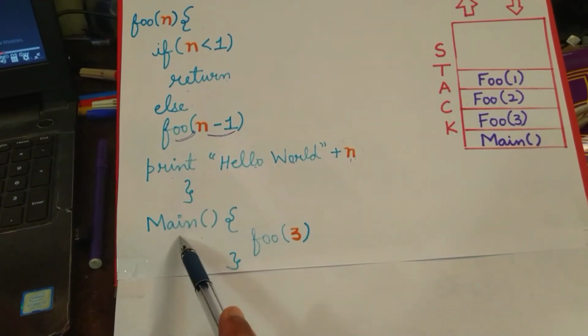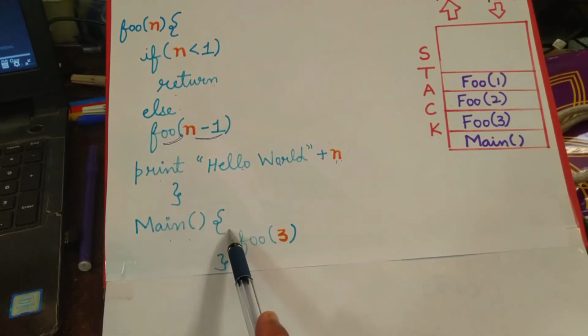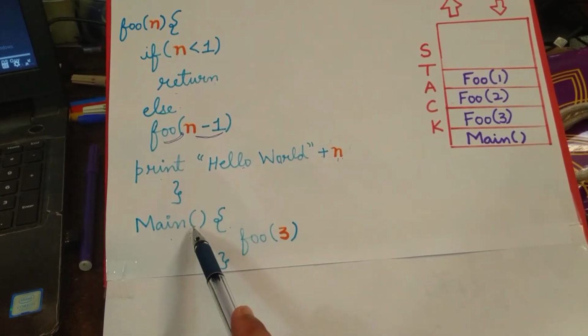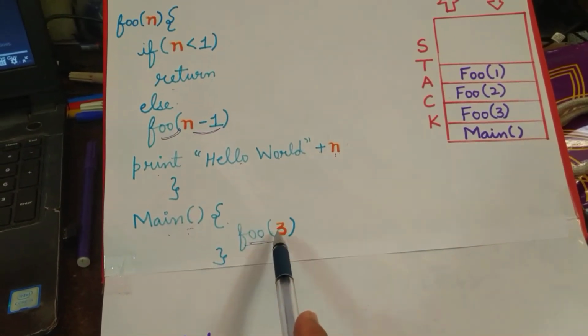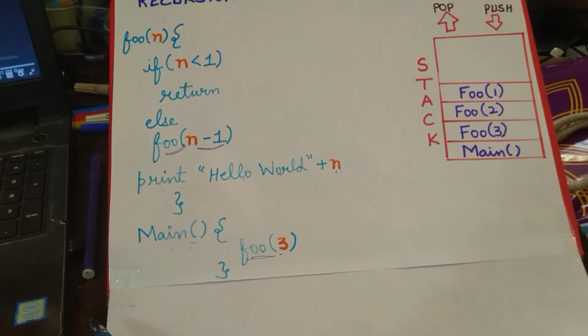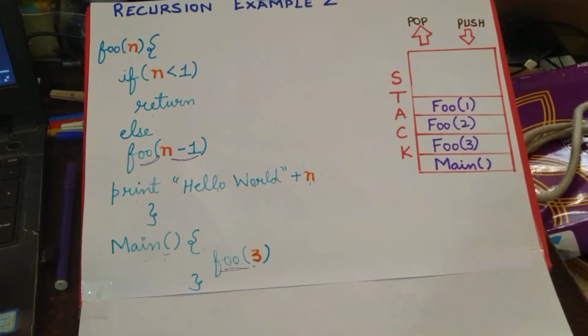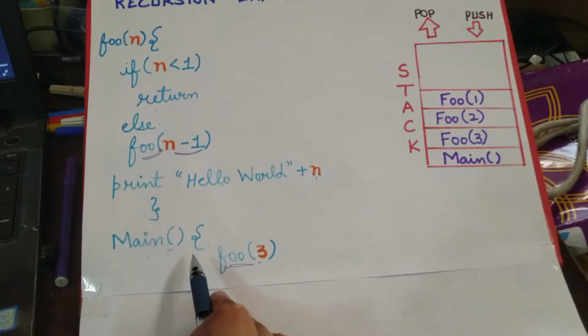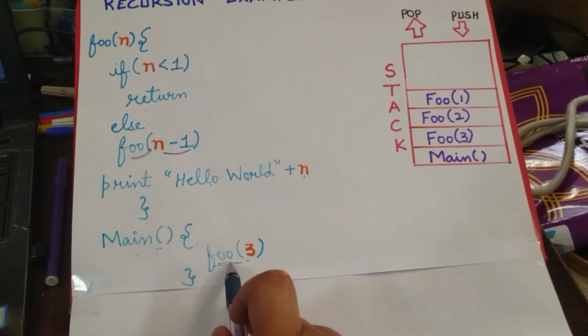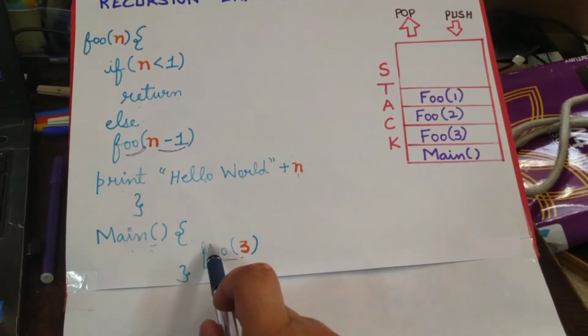Then there is a main function, and in the main function it is calling another method, that is the foo method with the parameter 3. So now how will this recursion occur? Basically the main method will call the foo method.